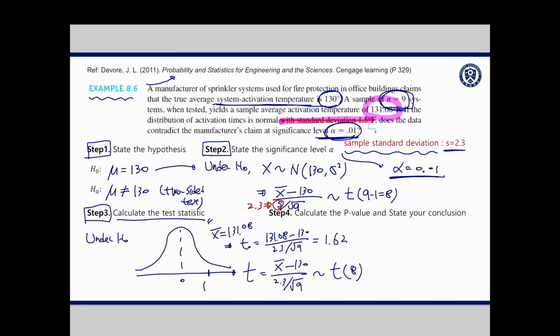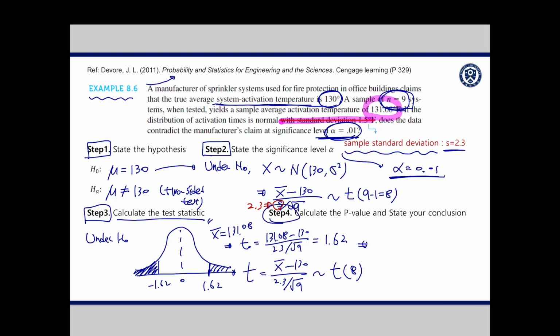Indeed, 1.62. Therefore, the p-value is this area, this probability. Okay.